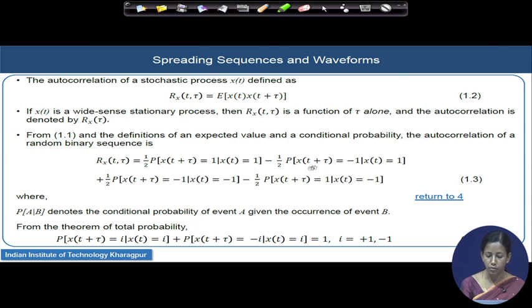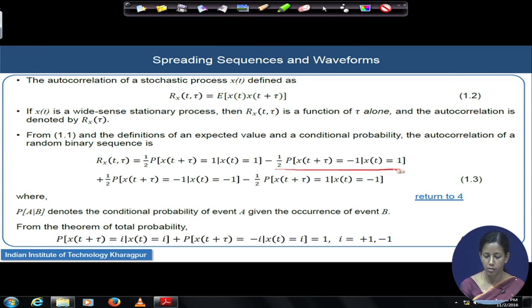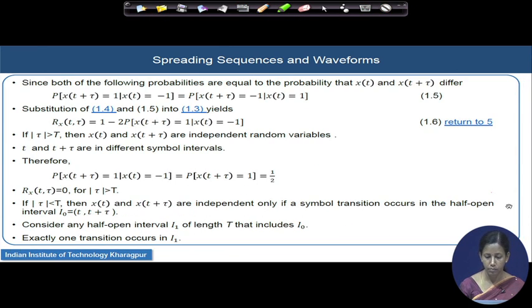So, what am I substituting? I am substituting that this probability is equal to the probability of this, and I am also using equation 1.4. If I substitute all this into the R_x(tau) expression, then I will converge to equation 1.6, where the autocorrelation value will be given by 1 minus 2 P(x(t+tau) = 1 given x(t) = -1).